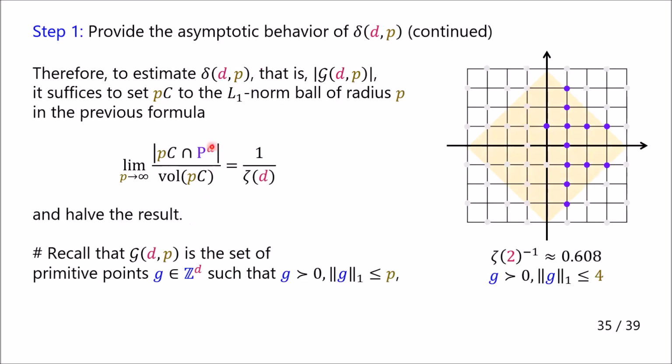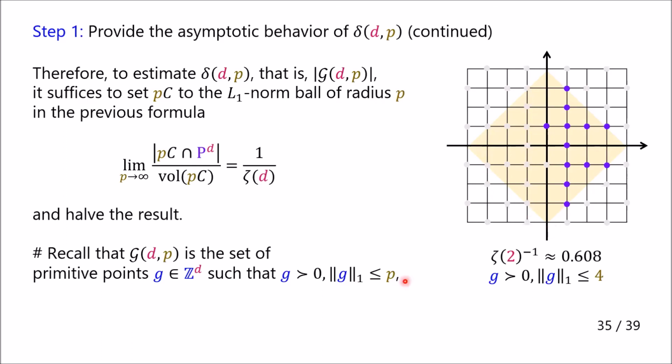Therefore, to obtain the asymptotic estimate of delta dp, that is the number of primitive points contained in the set script G, it suffices to set pC to the L1 ball of radius p in the formula here, and we get the result. And this is an image: the set of primitive points satisfying the L1 norm constraints, where lattice points appear in this region.